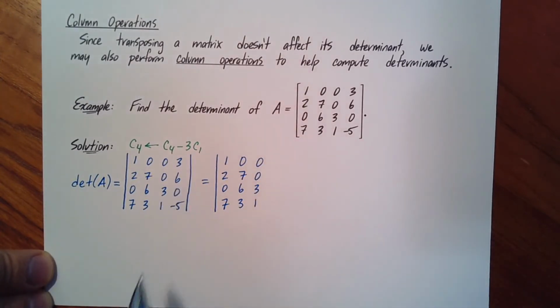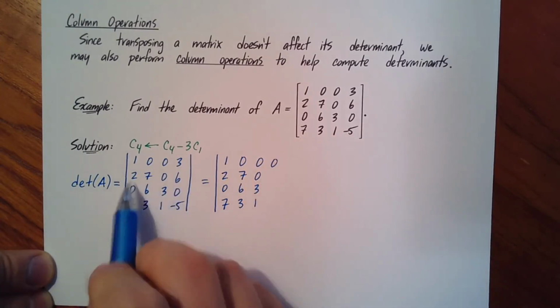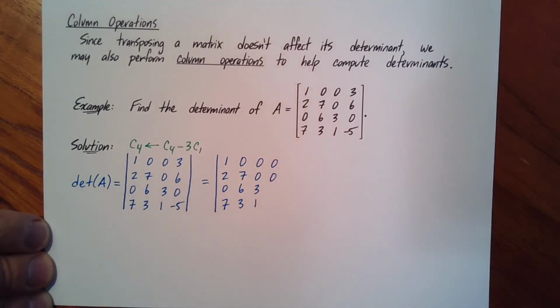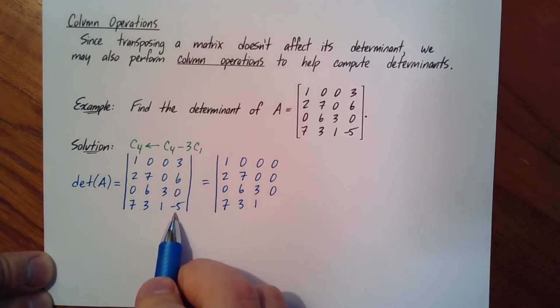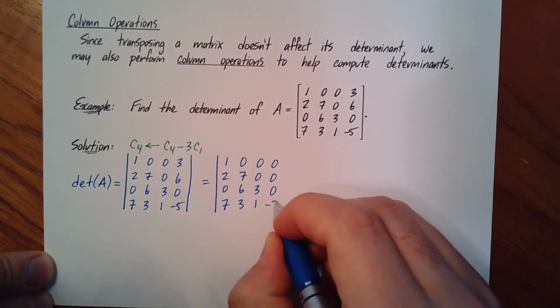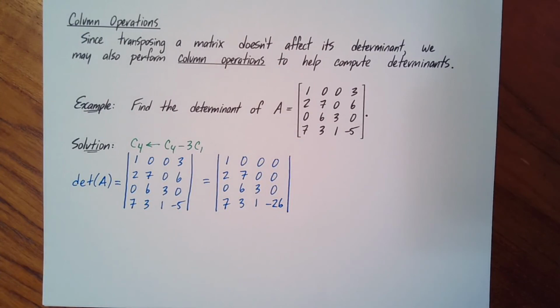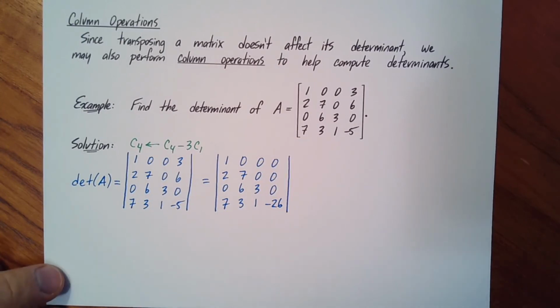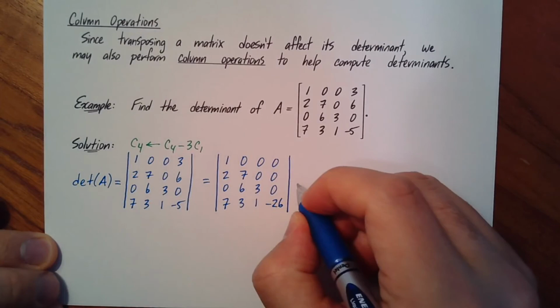But then in the fourth column, 3 minus 3 times 1 will be 0. 6 minus 3 times 2 will be 6 minus 6, which is 0. 0 minus 3 times 0 is 0, and then negative 5 minus 3 times 7, that's negative 5 minus 21, so that's negative 26. Okay, so that's what we get. And hey, now it's a lower triangular matrix. That worked out excellently, because now, remember, the determinant of a triangular matrix is just the product of the entries along the main diagonal.